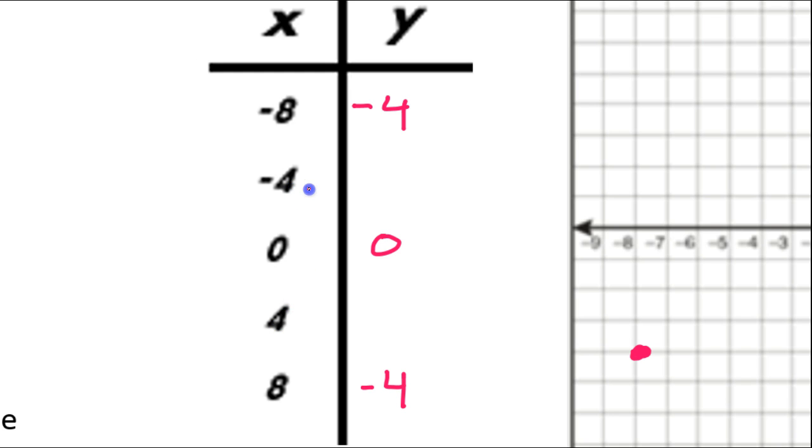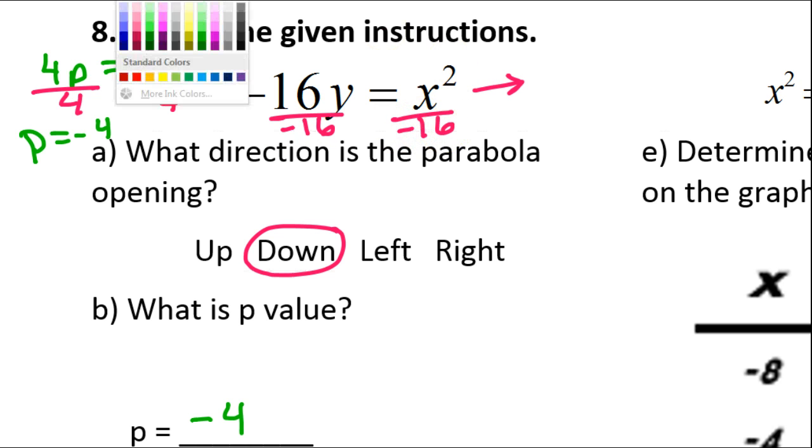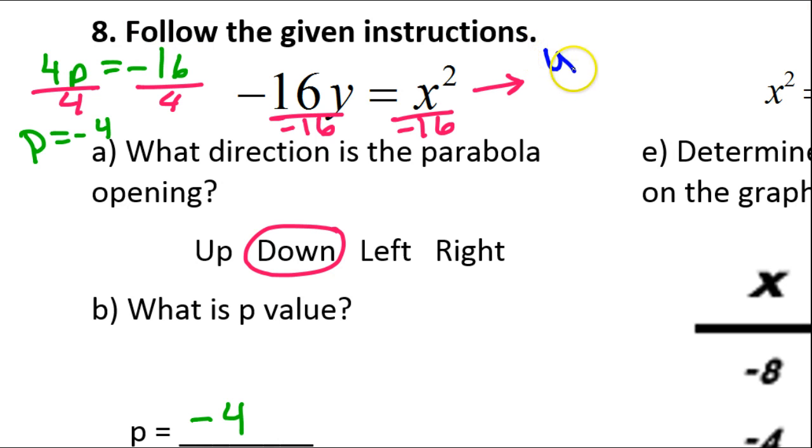So let's figure out what the y value is at 4 and negative 4. I can put this in my TI-30 if I divide both sides by negative 16. So that's going to give me y is equal to negative 1/16 x squared.